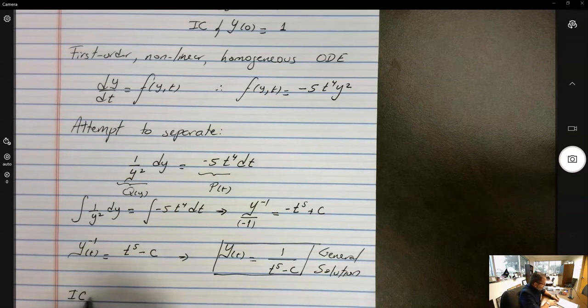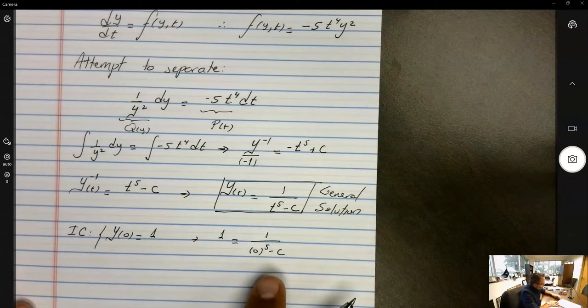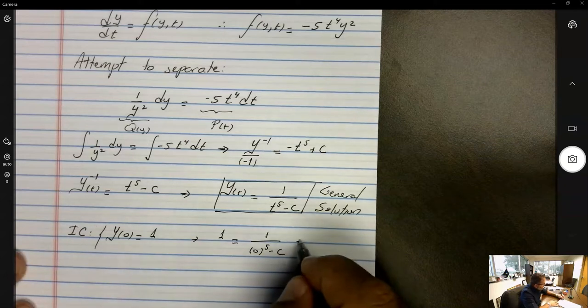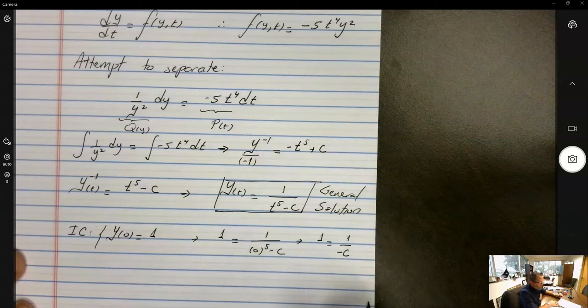So if the initial condition says that y at 0 is equal to 1, then all we have to do is replace time with 0 and y with 1. So y is equal to 1 when time is equal to 0. Right? And then from there, what we get is that 1 is equal to 1 over minus c.